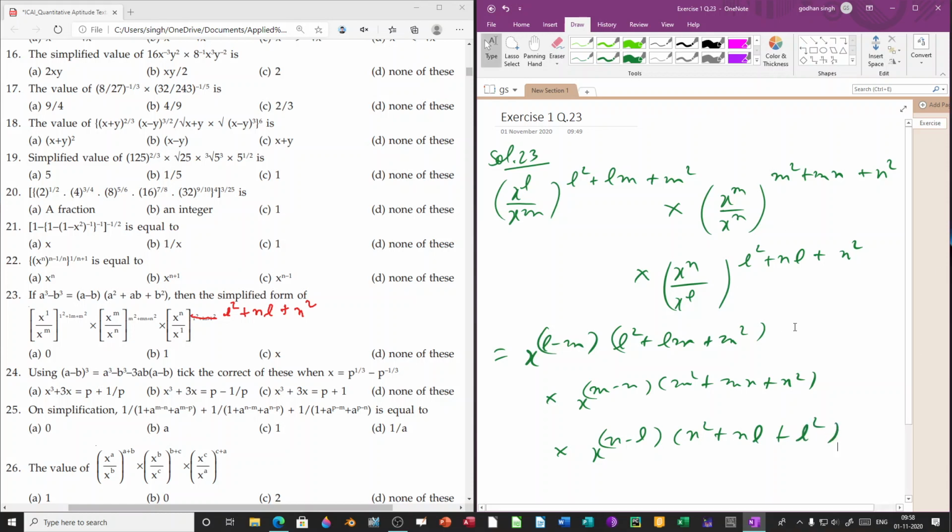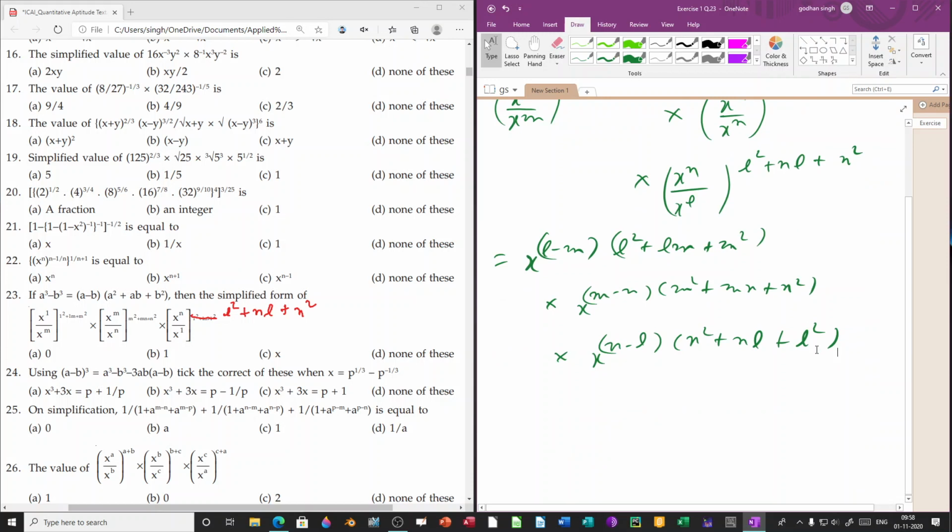Now the formula is already given to us. Also we know that a cube minus b cube is a minus b into a square plus ab plus b square. So in compact form, this can be written as x raised to (l cube minus m cube) multiplied by x raised to (m cube minus n cube) into x raised to (n cube minus l cube).